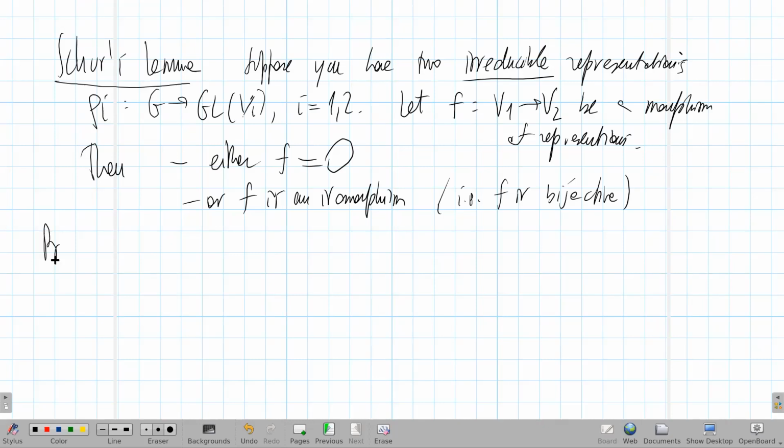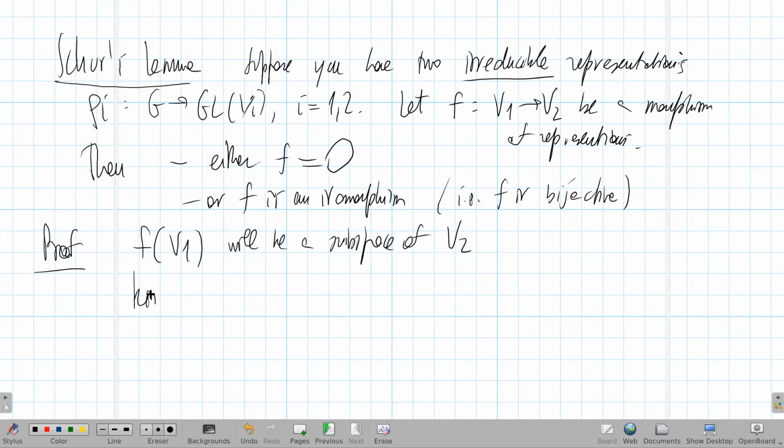So let's see the proof. The proof is very simple because you consider two subspaces. So you have the image of F, F is a map from V1 to V2, the image will be a subspace of V2, okay?